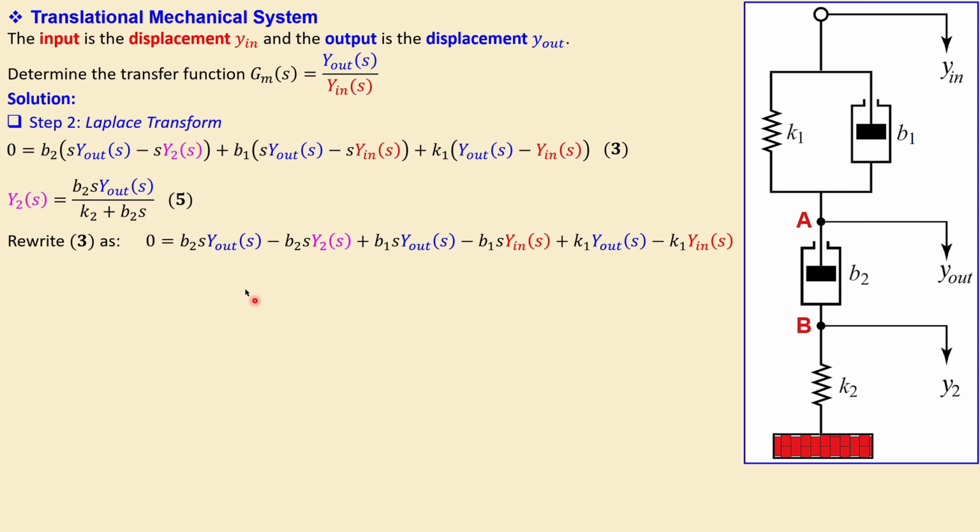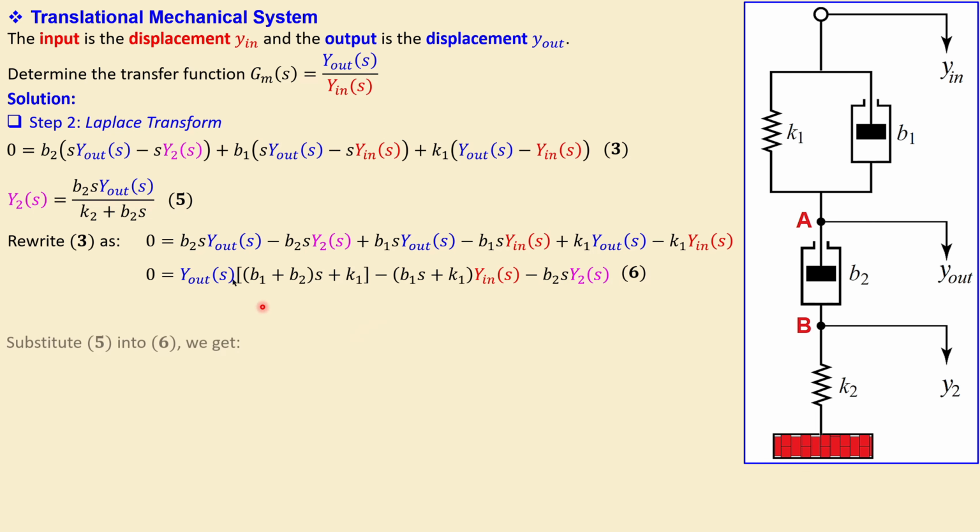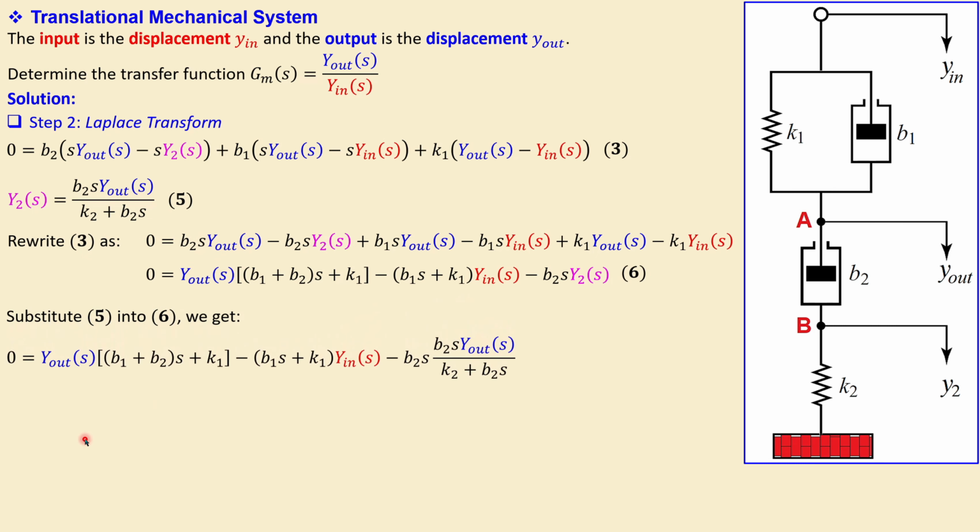Now collect the terms, so Y out and Y in, etc. And you will have this expression. And then in addition, you can now see there is a minus B2 s Y2 here. Now let's then substitute equation number 5 in here. So in equation number 6, I substitute equation number 5. Then you get the following.